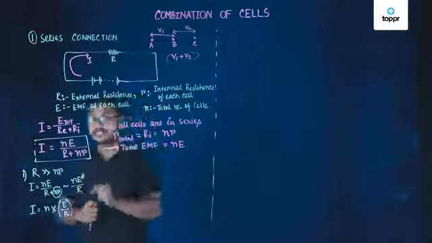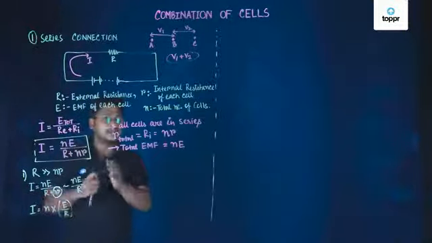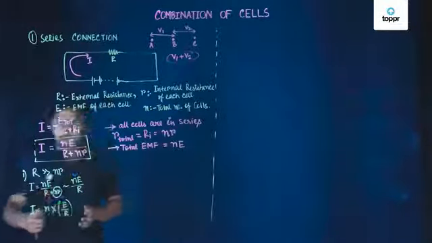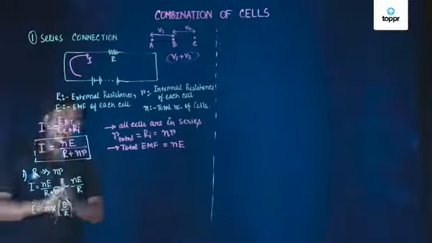So we can write I equals n times E by R.